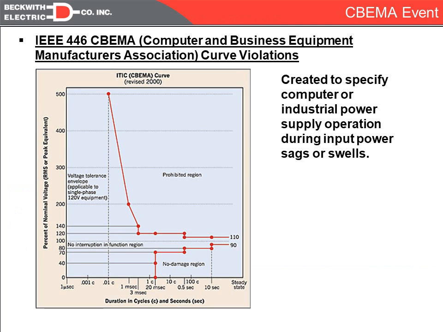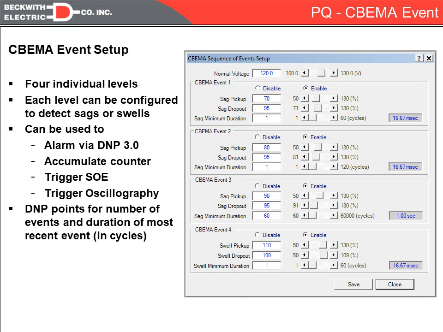Our next enhancement for power quality is we have implemented what we call a Sabima curve, but basically we allow a utility to define their definition of sags and swells, and then we can record those sags or swells. So what we allow you to do is to first of all specify your nominal voltage. Then we allow up to 4 different events.